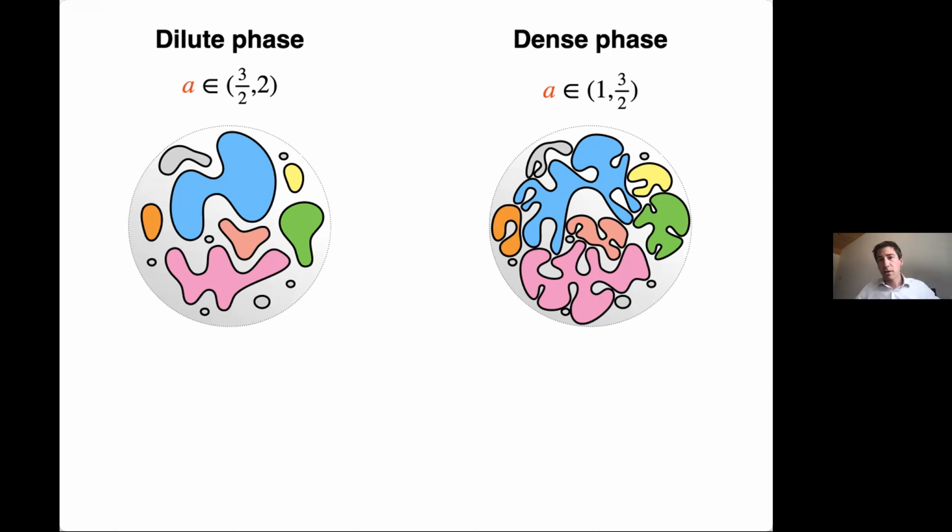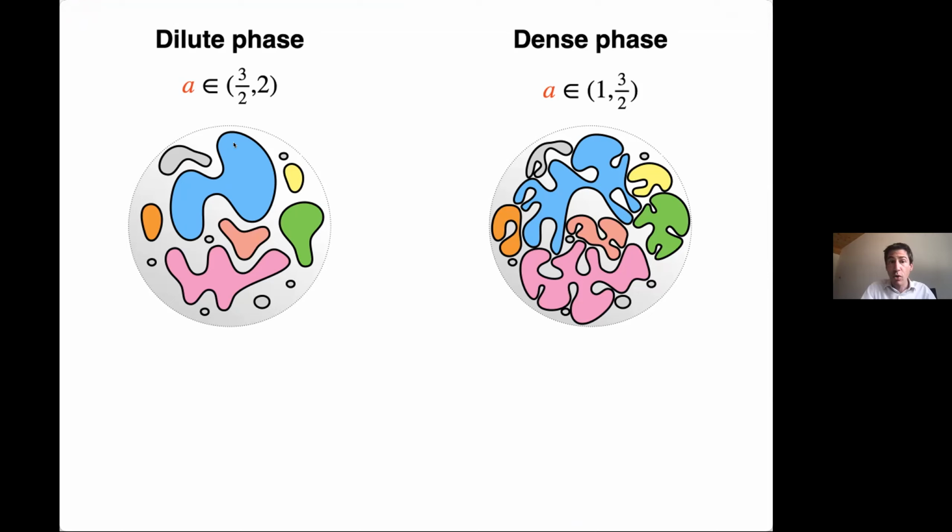Okay, so just a picture to illustrate this dichotomy for the topology. When a is above 3/2, 3/2 can be included actually, we are in what the physicists call the dilute phase, and the metric space has holes. We will define those holes in a minute.